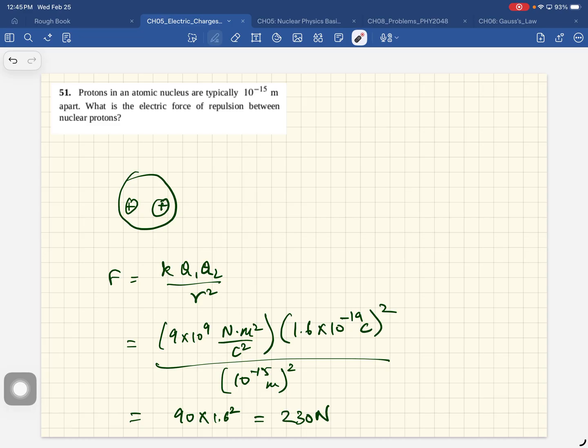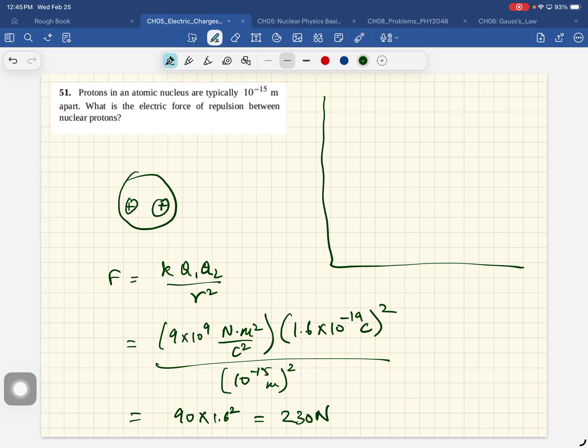All right, let's do the following. We'll calculate the potential energy between these two guys, and you'll see in a second why I'm doing this.